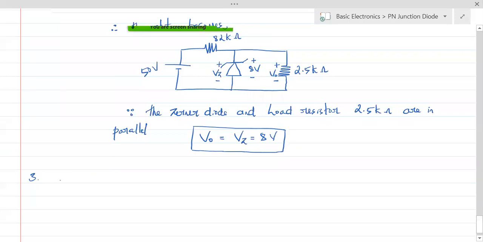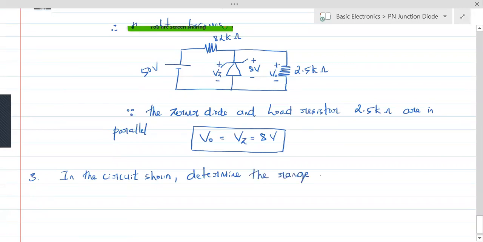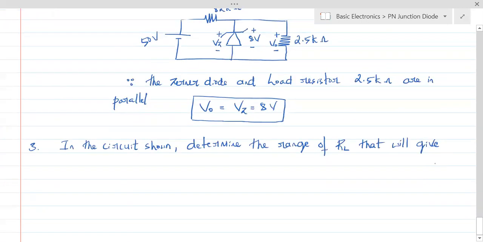In the circuit shown, determine the range of RL that will give a constant output voltage of 10 volts.